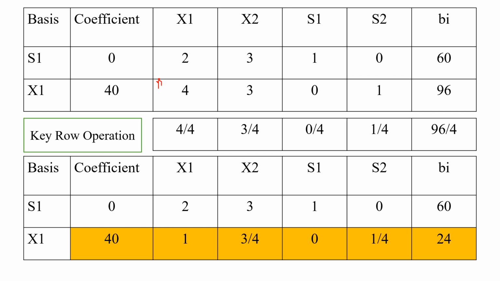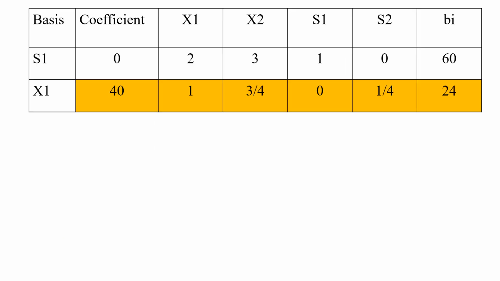In this way you will find the new row of the key row. The new row has been formed. Then next, other than the new row, that is other than the key row, already highlighted, what you will do is make it 0.